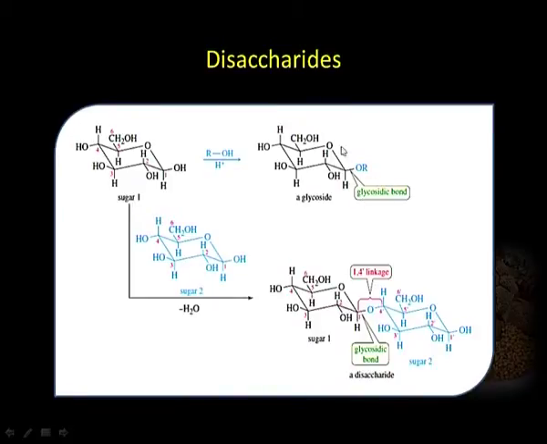Now, this is the glycoside of this monosaccharide with an alcohol. Now, suppose it reacts with another monosaccharide unit where this is carbon number 4 having this hydroxyl, this combines with this. Now, we get this unit. This bond is called a glycosidic bond, and this unit is called a disaccharide.